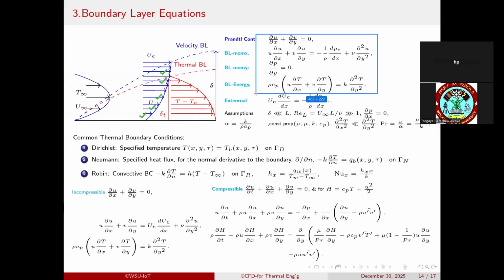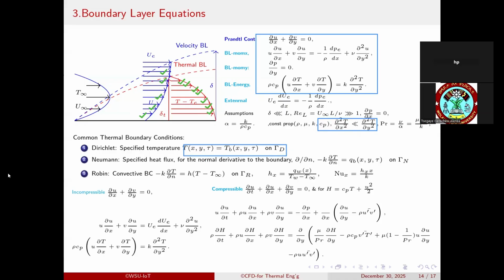Thermal boundary layer is also shown with the energy equation. Constant thermal properties, negligible viscous dissipation and generation. The layer can be specified with three conditions.